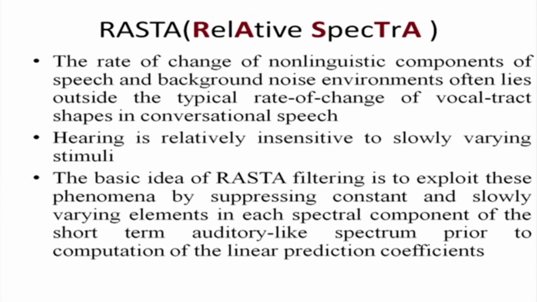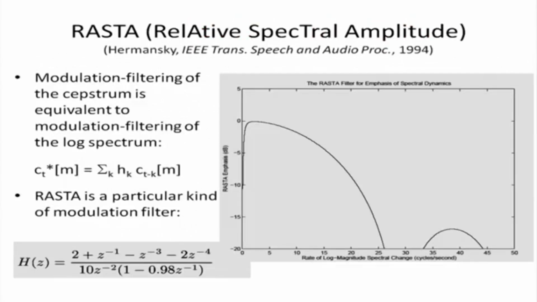So, it is one kind of modification of the spectrum, and then we find the parameters. RASTA also has another side: it modulates the relative spectral amplitude. Modulation filtering of the spectrum is equivalent to modulation filtering of the log spectrum. So, those are the modifications of the frequency parameters.